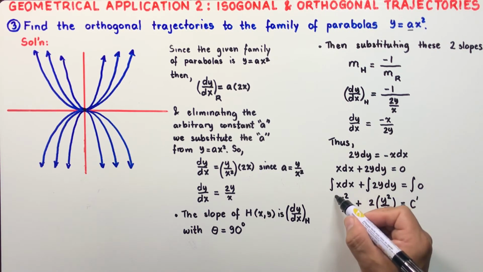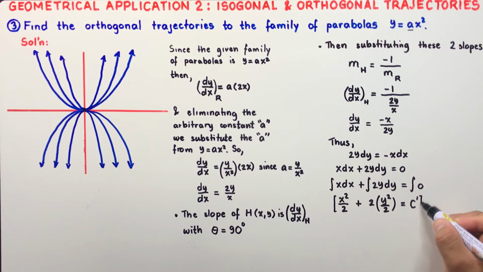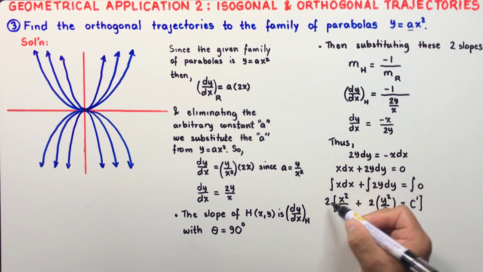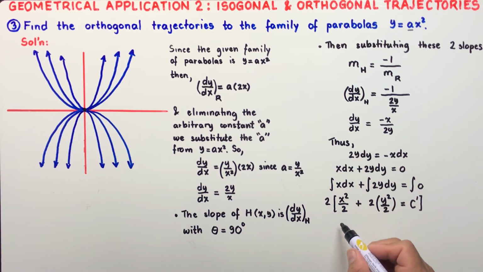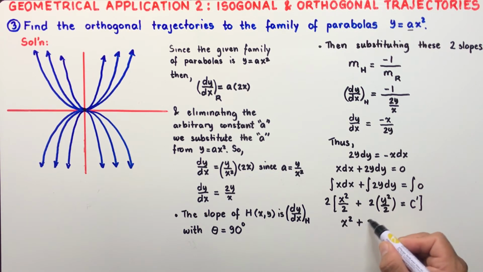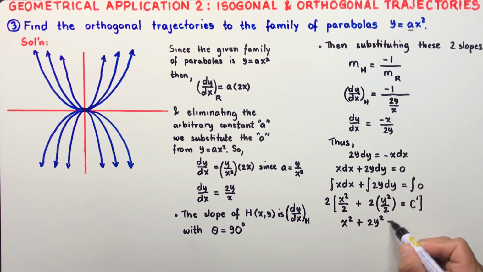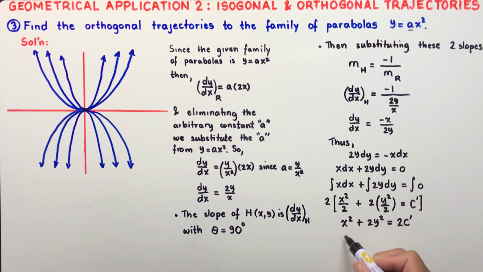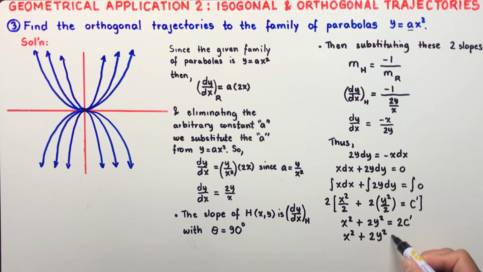And multiplying both sides of the equation by 2 so that we can eliminate this 2 in the denominator, we have x squared plus 2y squared, which is equal to 2c prime. And we know that 2c prime is just a constant, so we can write this answer as x squared plus 2y squared, which is equal to the constant c.